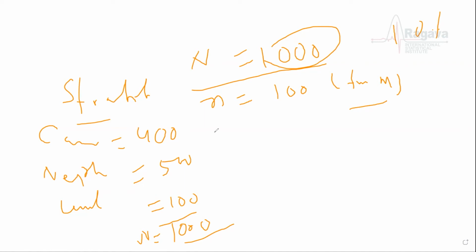So now we can choose 10% from cardiology, that is 40, 10% from nephrology, that is 50, 10% from urology, only 10. So the total sample size is 100. So we need to choose a sample from each specialty. We cannot choose all from only cardiology, correct?